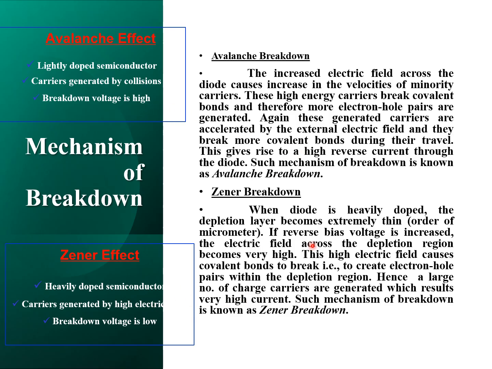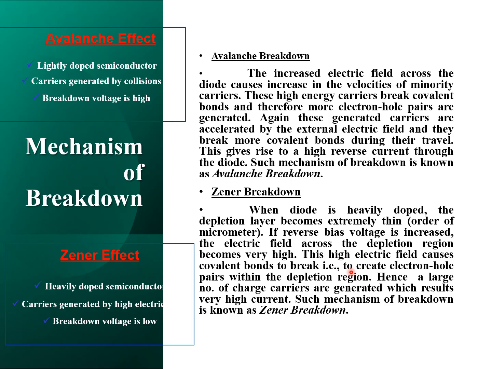Next, what is Zener breakdown? When the diode is heavily doped, the depletion layer becomes extremely thin. If the reverse voltage is increased, the electric field across the depletion layer becomes very high. This high electric field causes covalent bonds to break, creating electron-hole pairs within the depletion region. Hence a large number of charge carriers are generated, resulting in high current.